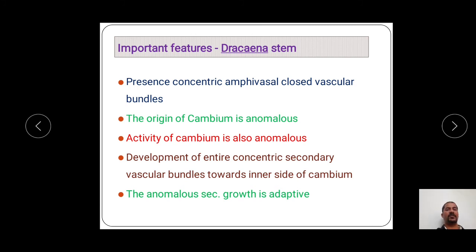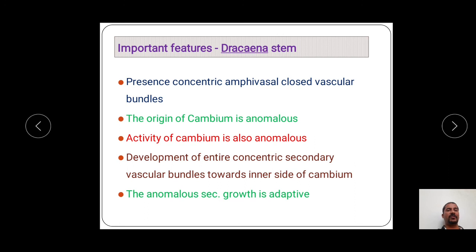Then the activity of cambium is also anomalous because instead of producing secondary tissues intracambially and extracambially, it produces the entire concentric amphivasal type of vascular bundles towards the inner side only, and towards the outer side one or two layered parenchyma is produced.